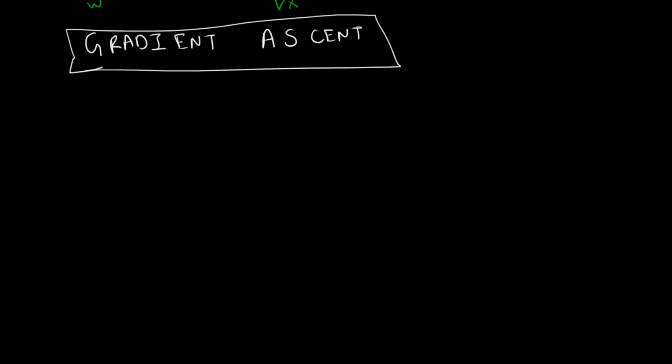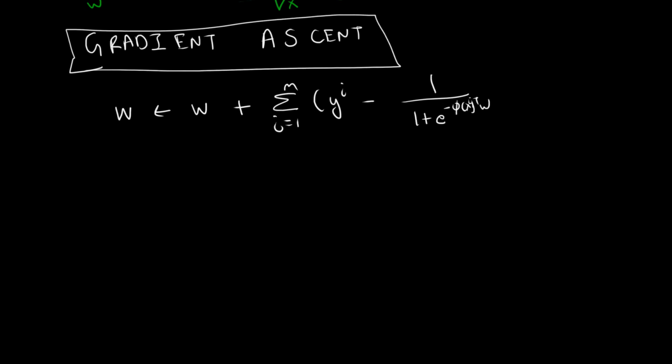In gradient ascent, as usual in gradient descent, we update w as w goes to w plus the sum over i equal to 1 to m of (yi minus 1 over 1 plus e to the power negative phi of xi transpose times w) times phi of xi. So you just write the gradient ascent algorithm in a more structured manner.